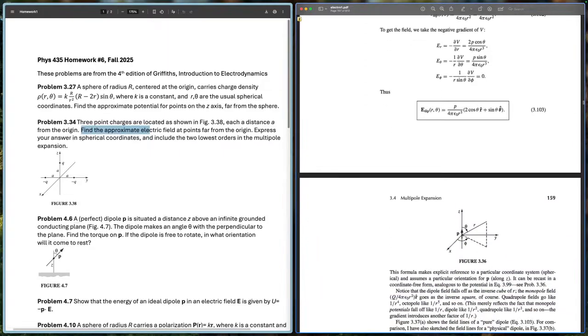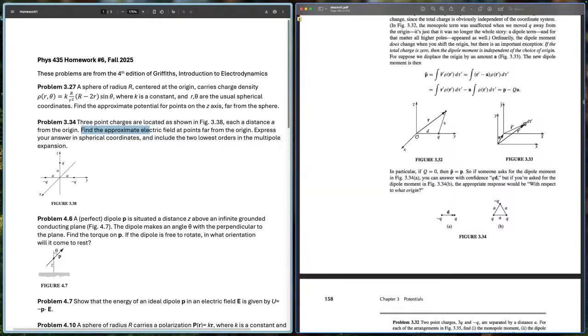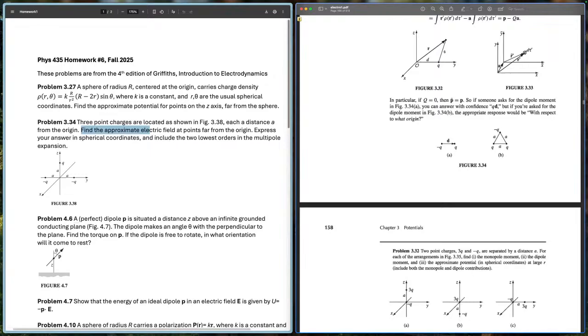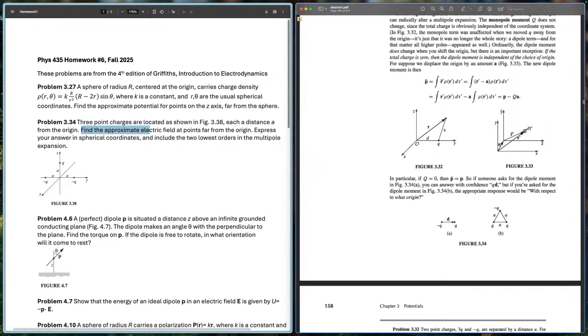This is given by figure 3.36. So I guess the question is, how do I apply it in this scenario when I actually have 3 charges instead of 1?